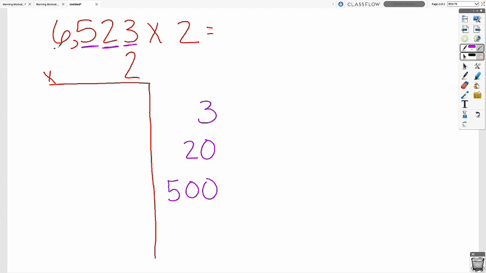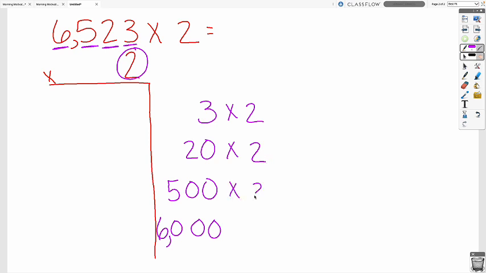And then finally, the value of the 6 is 6,000. What's the next step? 3 times 2, 20 times 2, 500 times 2, 6,000 times 2.